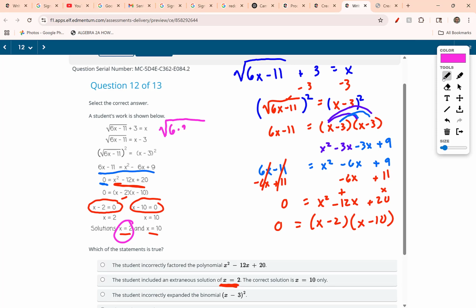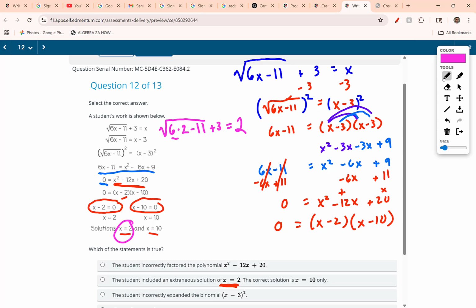So instead of 6x minus 11 underneath the square root, it's 6 times 2 minus 11 underneath the square root. Plus 3, and instead of equaling x here, it should equal 2. And let's just do the math.